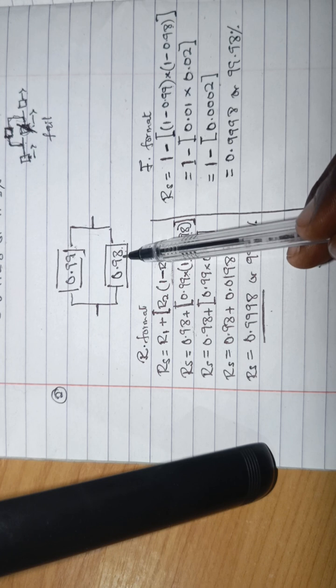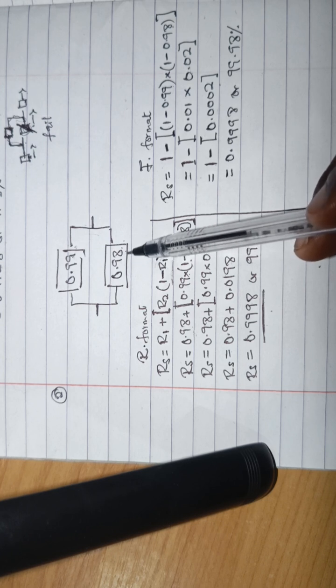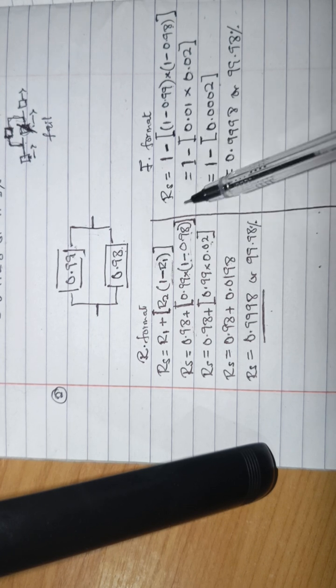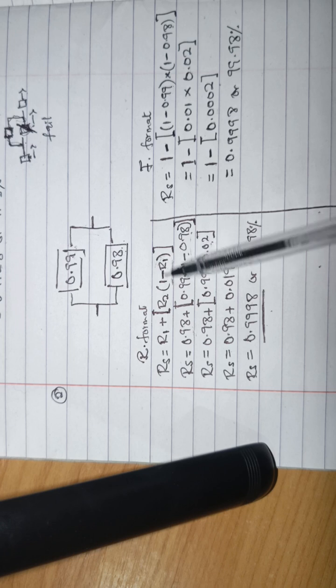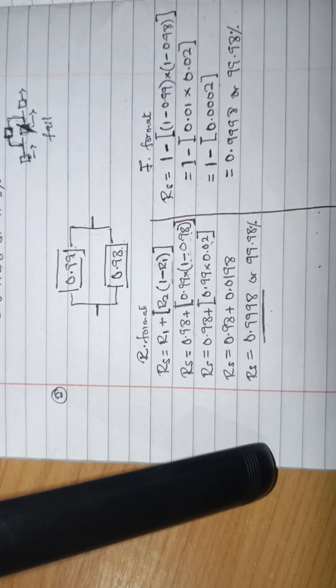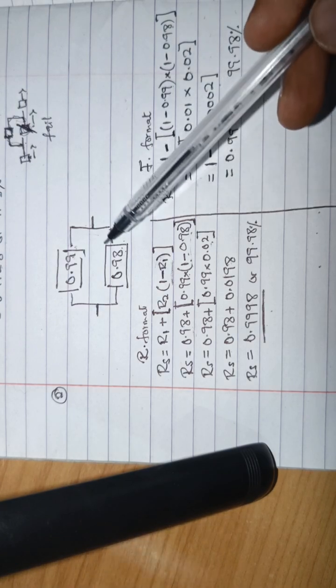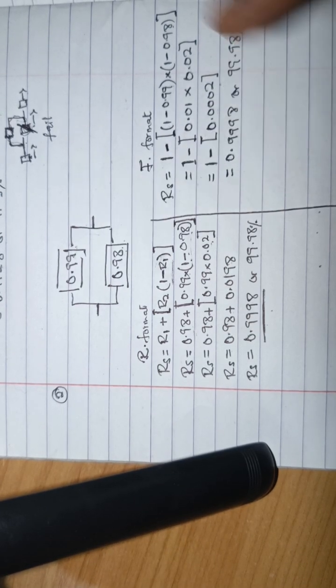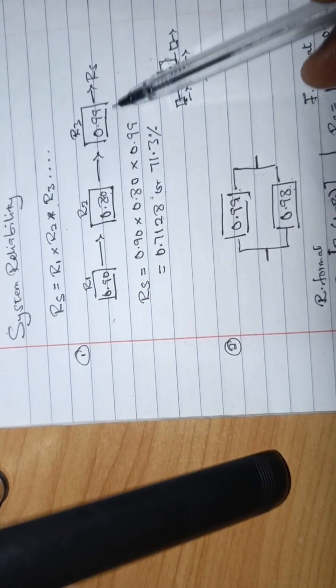But then it can function 98% accurately. Okay. So that is what we do here. So we just use that part to calculate our system reliability. So it's either you use this format or this format. As simple as that. So now that we understand this small system here and also this small series system here.